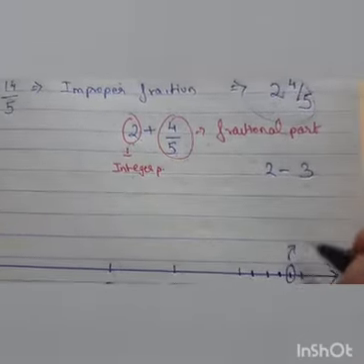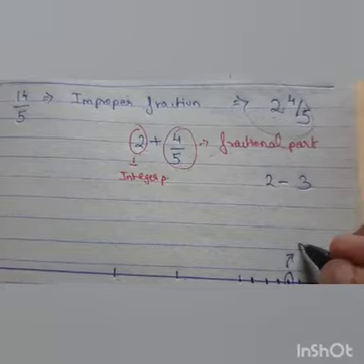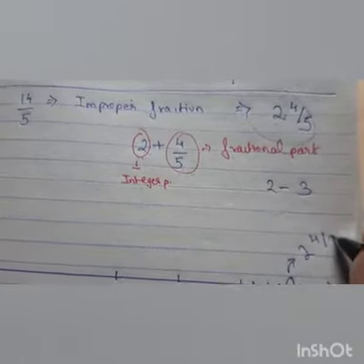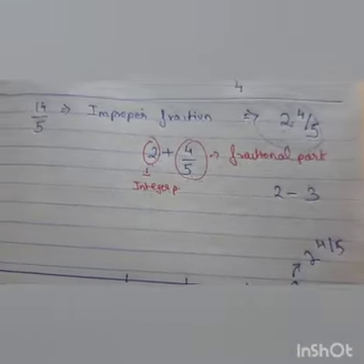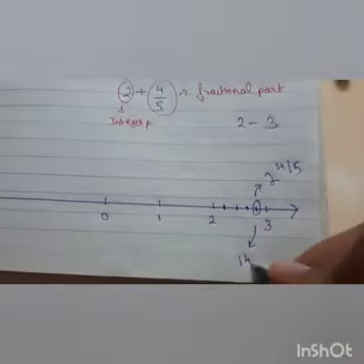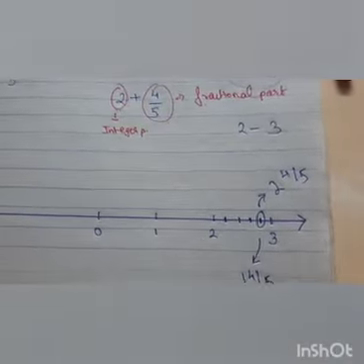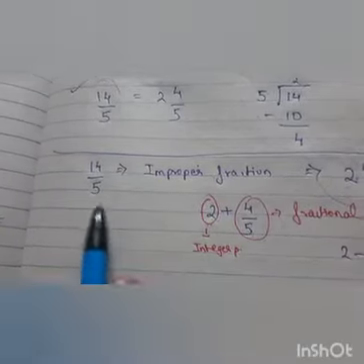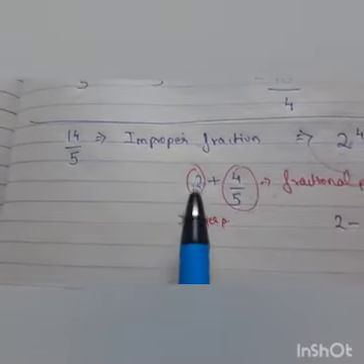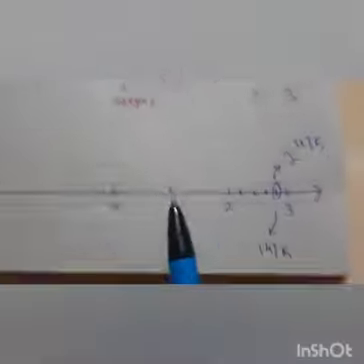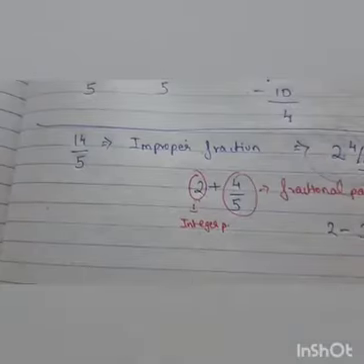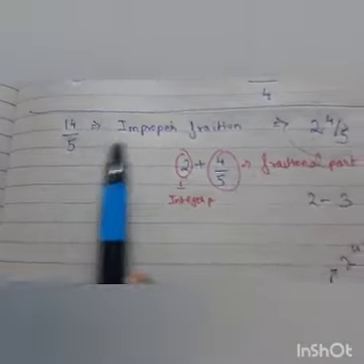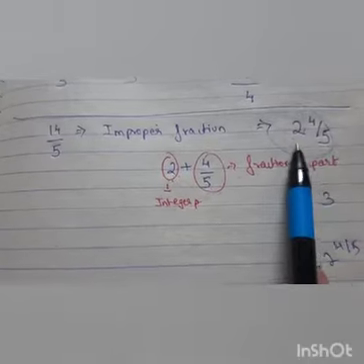Now either you can say this is 2 whole number 4/5, or you can say it is 14 upon 5. Both are right. Why? Because 2 whole number 4 upon 5 is part of 14/5 only. So this is how you need to plot an improper fraction on a number line. Once again, simply convert the improper fraction into a mixed fraction.